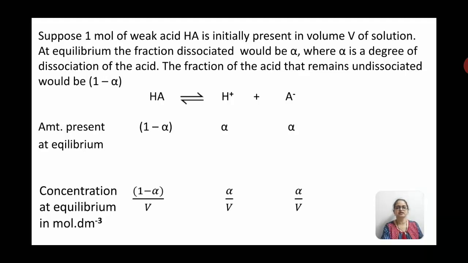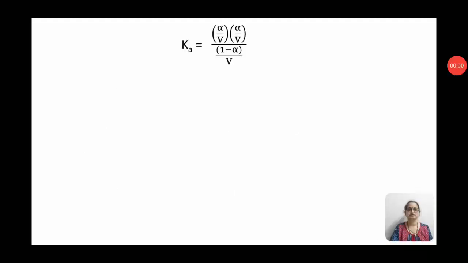As volume is V, the concentration at equilibrium in moles per dm cube: for HA it is (1 minus alpha) upon V. For H+ it is alpha upon V. Similarly for A- it is alpha upon V. Substituting in equation 1, we will get Ka is equal to alpha upon V multiplied by alpha upon V divided by (1 minus alpha) upon V. If we simplify that, we will get Ka is equal to alpha square upon (1 minus alpha) multiplied by V.